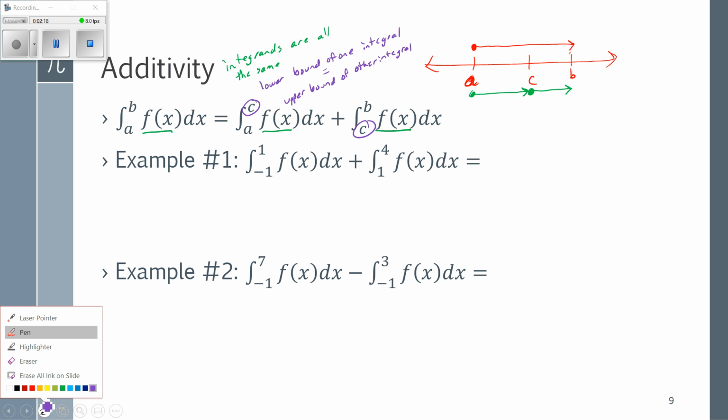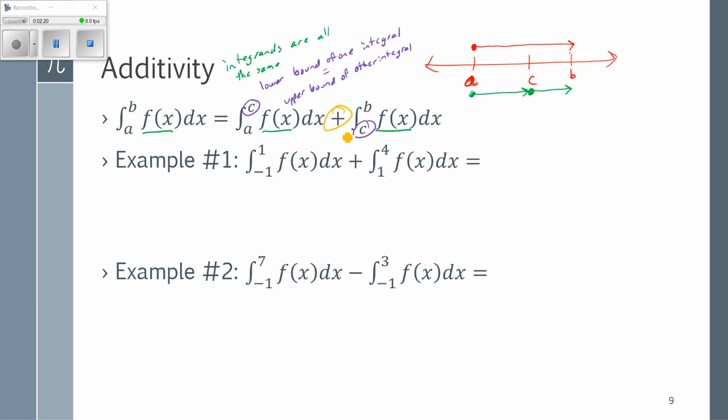And then the third thing, I have to be adding the integrals. It has to be addition. If it's subtraction, this doesn't work. Because that's what we're doing: we're saying, I want to break it into pieces, find the area of each piece, and add them back together, get the area of the whole thing.